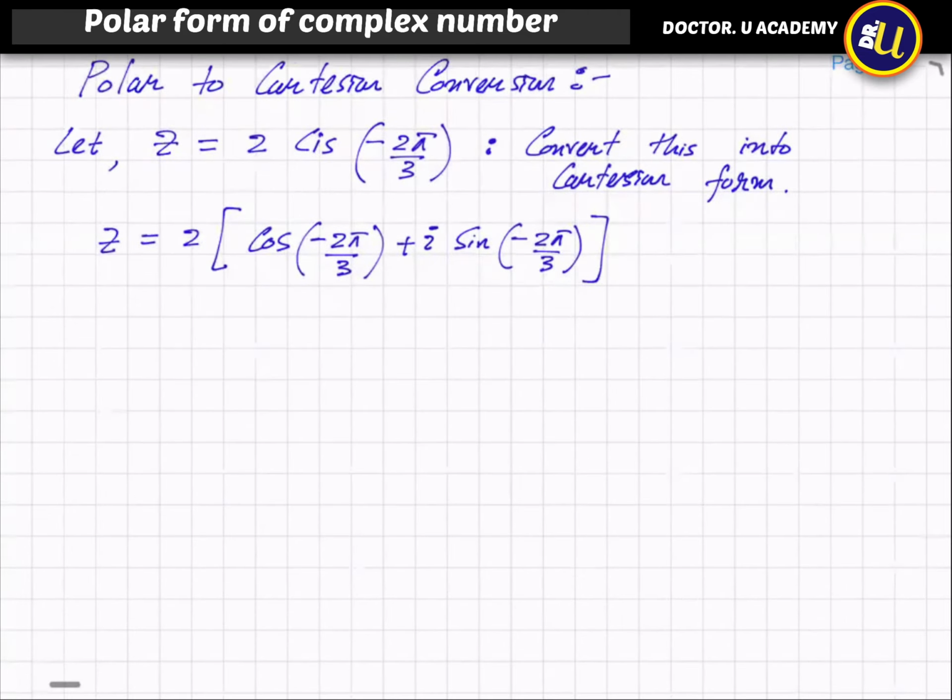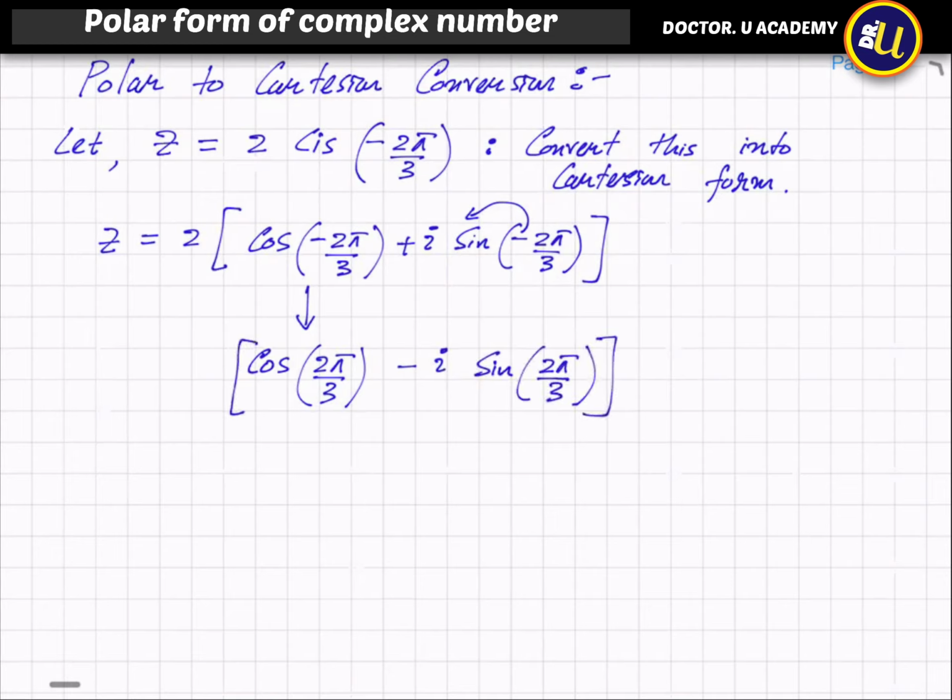Now what is cos minus 2 pi divided by 3? What is that value? This is going to be nothing but cos 2 pi divided by 3. Why? Because it's an even function. Now the minus here I can take out, so this will be minus i sin 2 pi divided by 3.